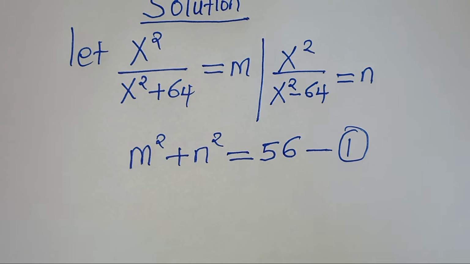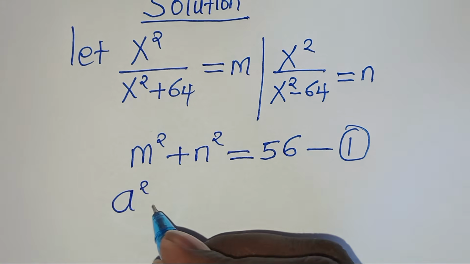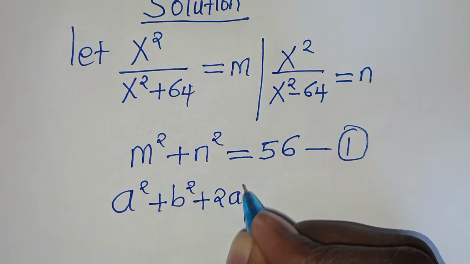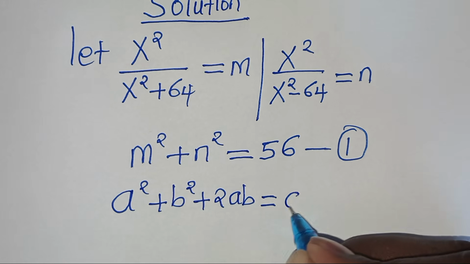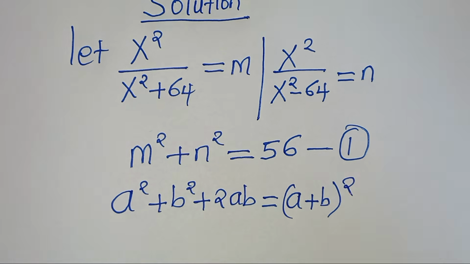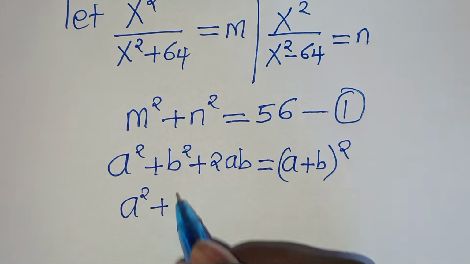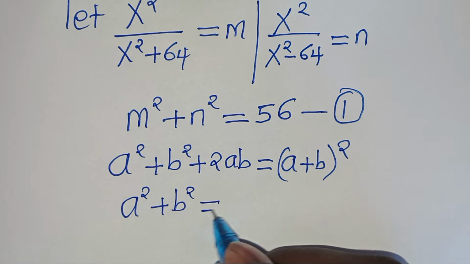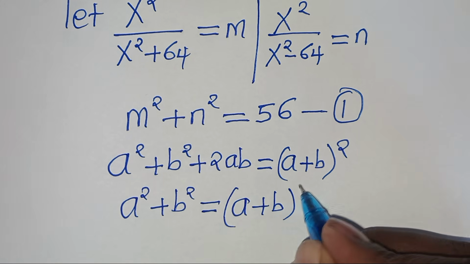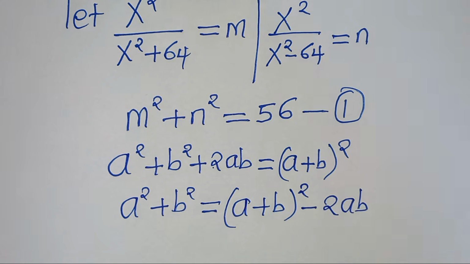Now, from the algebraic identity, a squared plus b squared plus 2ab can be expressed as (a plus b) raised to the power of 2. This means a squared plus b squared can also be expressed as (a plus b) raised to the power of 2, then subtract 2ab.